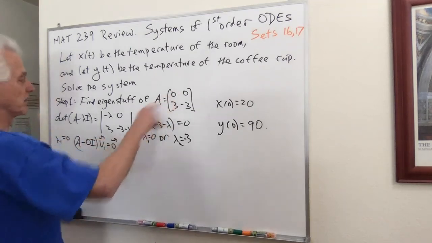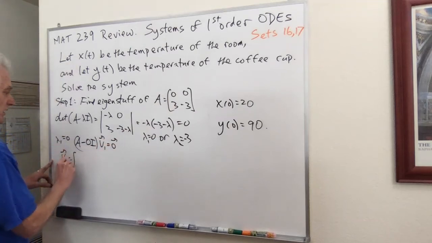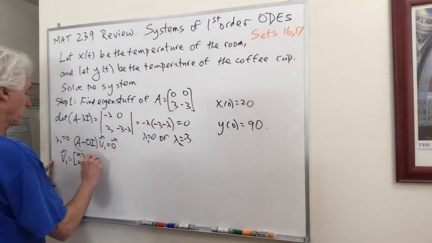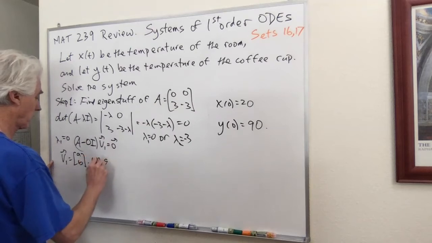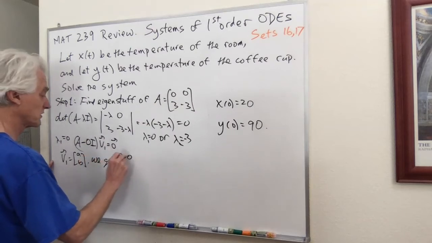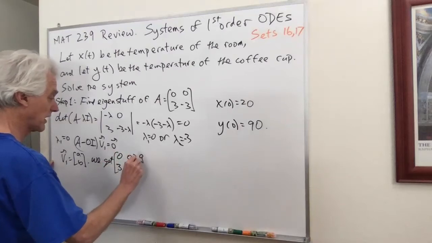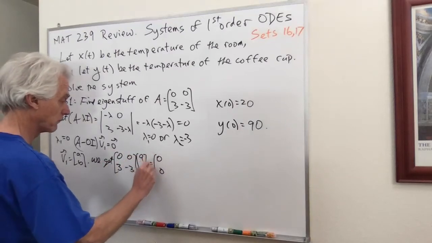So let v1 be (a, b). So we get 0, 0, 3, negative 3 times (a, b) equals 0, 0.